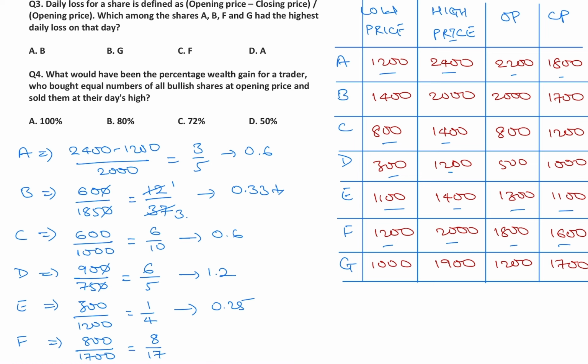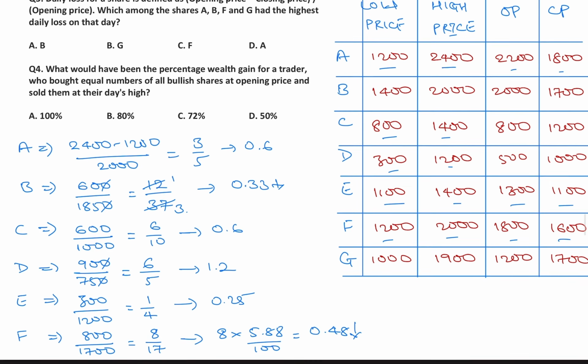You should know 1 by 17 is 5.88 percent. So this will be 8 into 5.88 upon 100. Even if you take this as 6, the value will be less than 0.48.